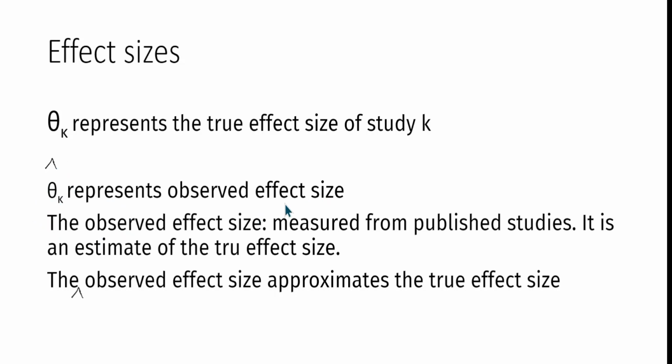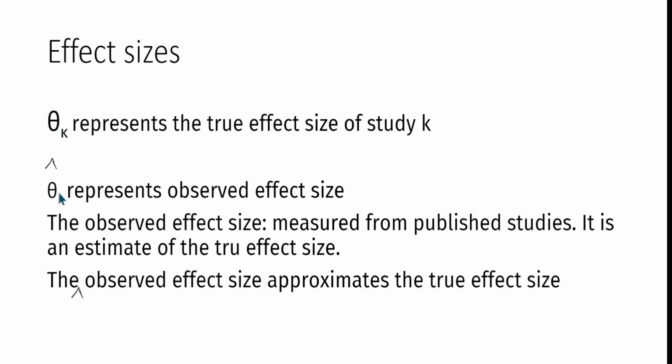This is the observed effect size that you find in publications, or when you run your analysis, and it is what you measure while aspiring to measure the true effect size. This is your ambition. The observed effect size is measured from published studies, and it's an estimate of the true effect size.